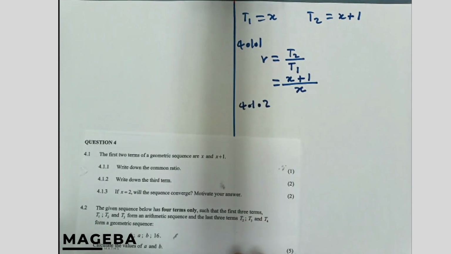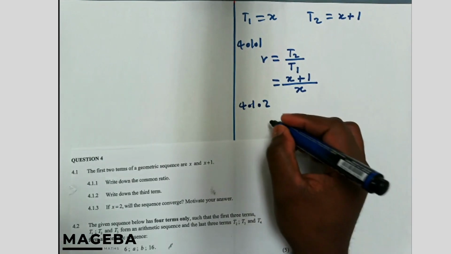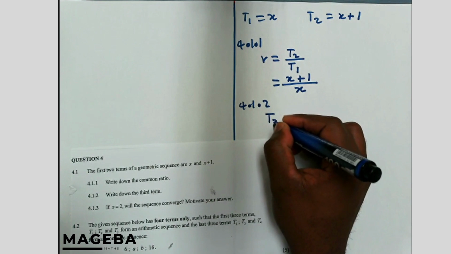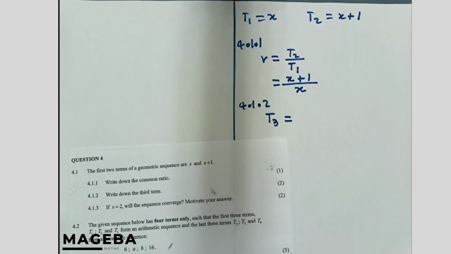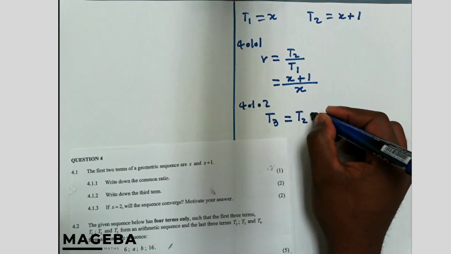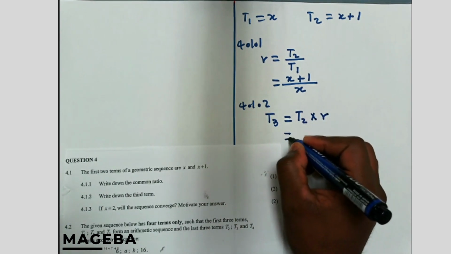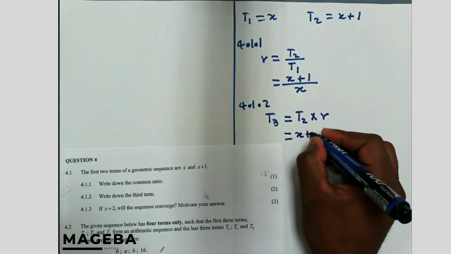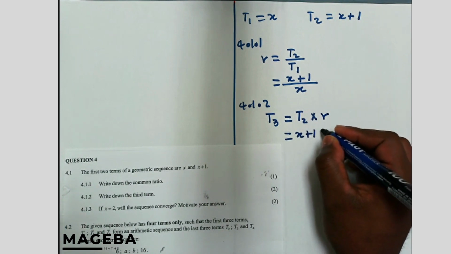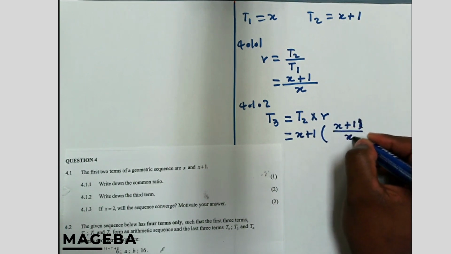4.1.2 is saying write down the third term. How do we get the third term? We are going to say t2 times our ratio. What is our t2? It's x plus 1. What is our ratio? Our ratio is x plus 1 all over x.